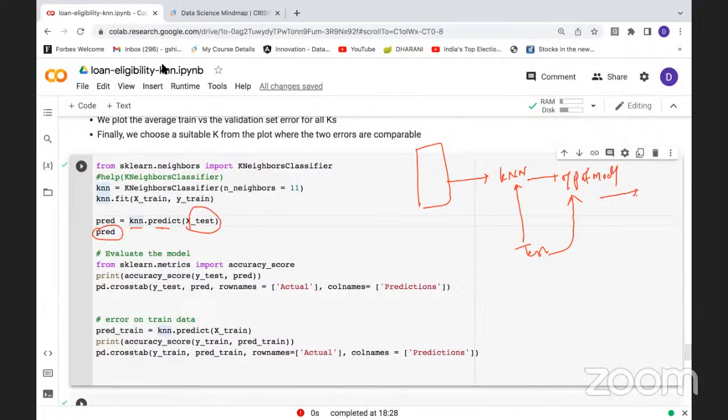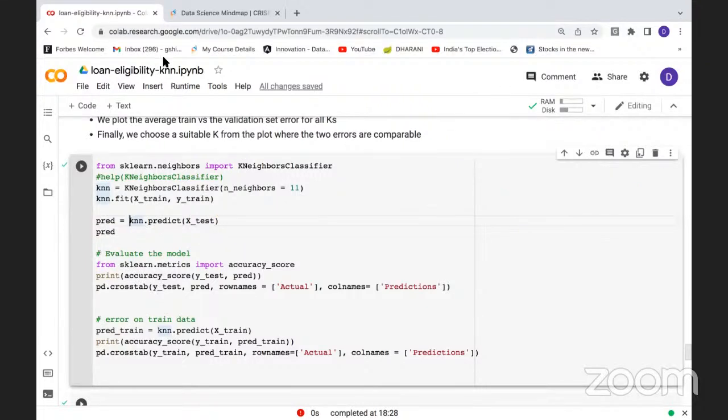Now I have to measure the accuracy of my model, how well my model could run on test data. Whatever predictions I got and whatever original data I have, I passed it here. Then I built a cross tab confusion matrix with original data and predicted data, which will help me know how many false negative values are there.